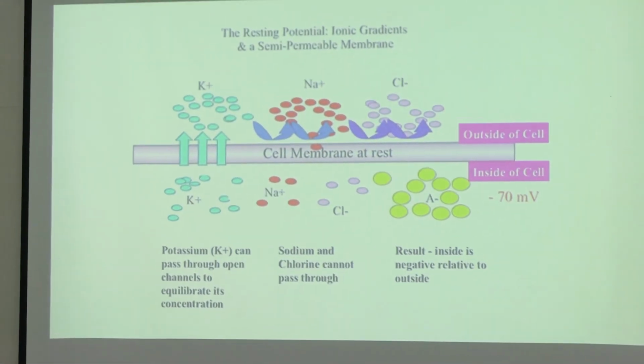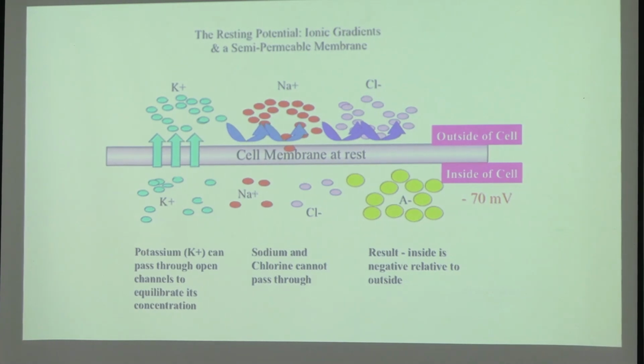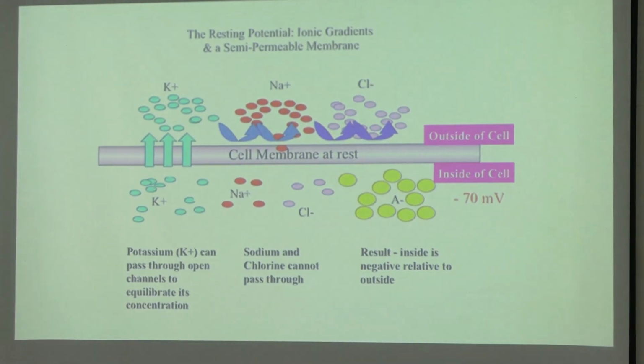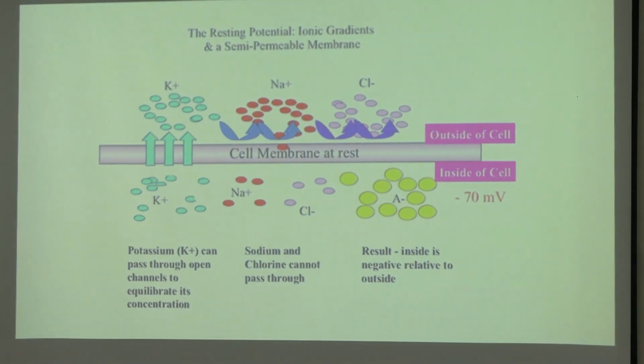Under resting condition, as I said, every cell maintains a resting membrane potential. If there is no resting membrane potential, the cell is dead. How will you know there is a membrane potential?